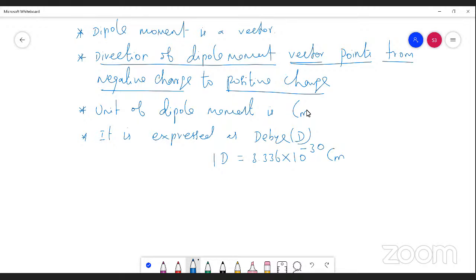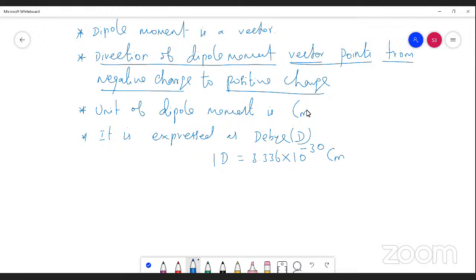The direction of the dipole moment vector points from negative charge to positive charge. What is the meaning of negative charge to positive charge? Higher electronegativity to least electronegativity. So the direction of the dipole moment vector points from higher electronegativity to least electronegativity.